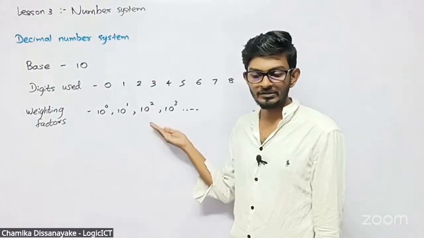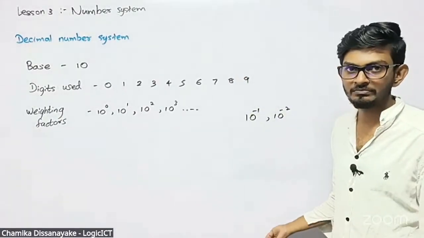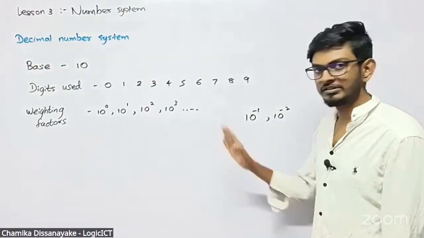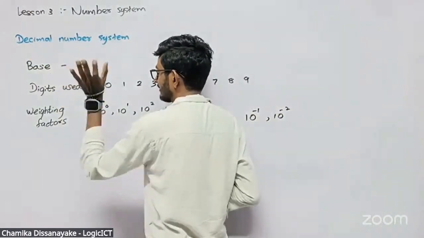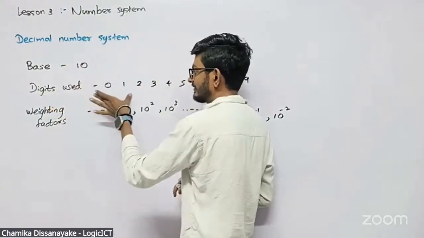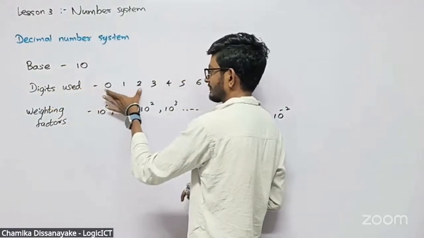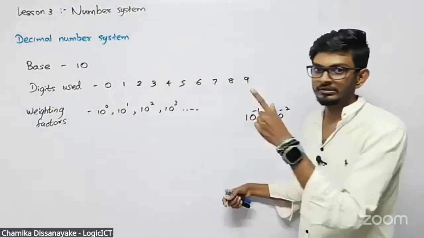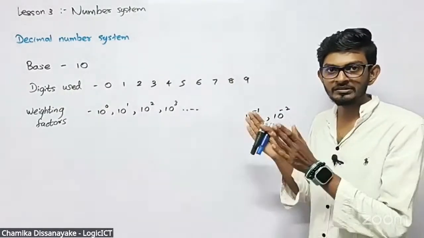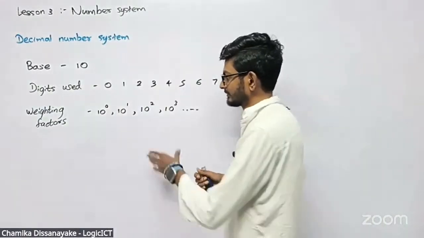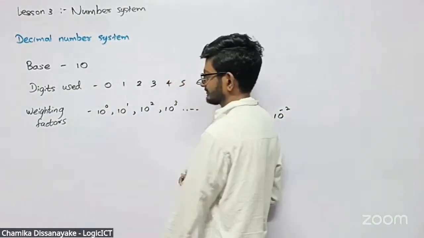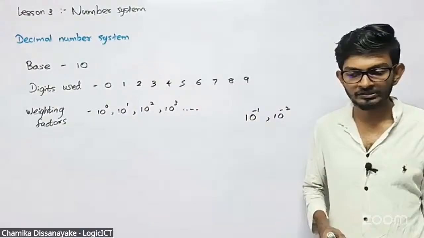This is about the decimal number system. In the decimal number system, the base is 10. We have 10 different types of digits. Again, a digit means a symbol. And here, weighting factors. Those are the things about the decimal number system.